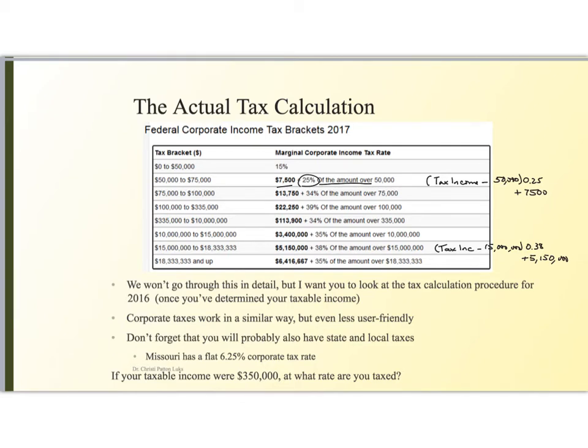So as you're reading a problem statement, be very careful whether you're trying to predict tax estimates for the future, or are you trying to calculate a current tax statement? Okay. You also, though, are going to need to realize there will be state and local taxes. Since we're in Missouri, there's a flat 6.25% corporate tax rate, which was what was happening in 2017.